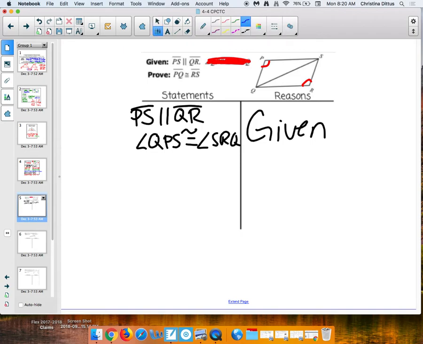What else do I have going on? Parallel lines. What are parallel lines? I'm using alternate interior angles. Pick some alternate interior angles. PSQ. Okay, I'm going to say PSQ. What else do I have to say? SQR. And why are those congruent?